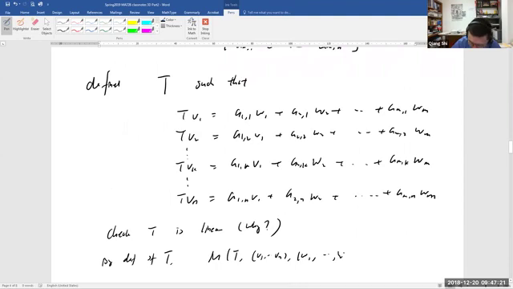If you want to represent T by a matrix, you want to write T V1 as a linear combination of the W's. But the way we define T, T V1 uses the first column of A, the A11, A21, and so on. So following the definition, that A11, A21, A31 will be in the first column of M of T, right? And similarly, the second column of A will still be in the second column. So just by the definition, this is exactly the same as the A here.